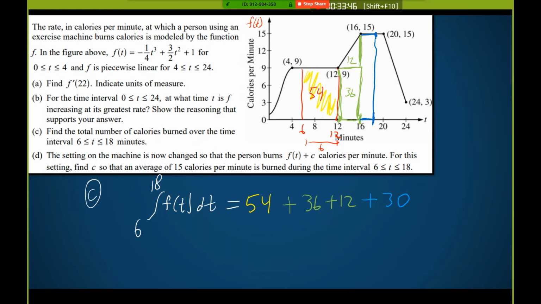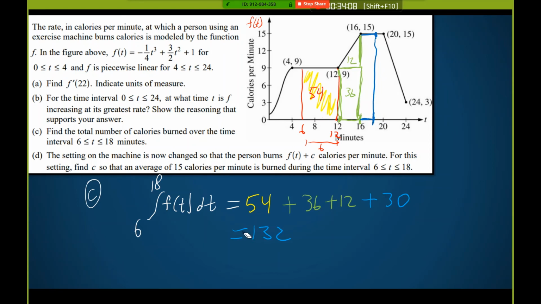I've got less than I expected. Oh, well, we'll keep going. So I've got 30 and 36 is 66, 120, 132. Okay, and that does match. I'm just going crazy. So 132 calories.